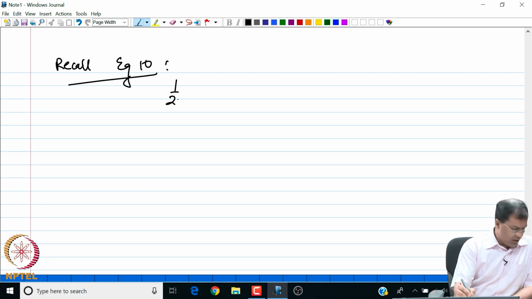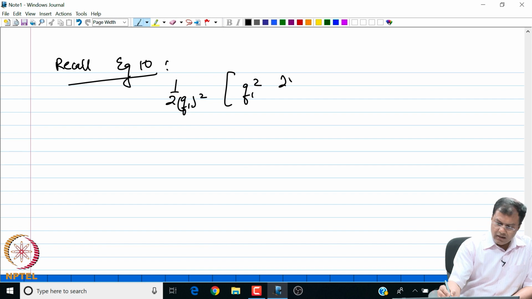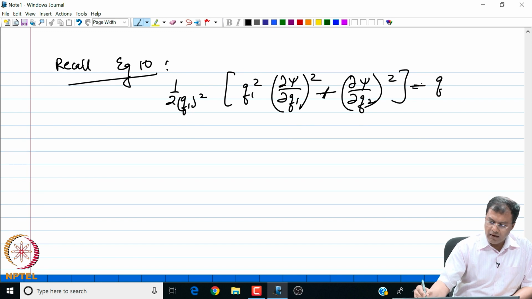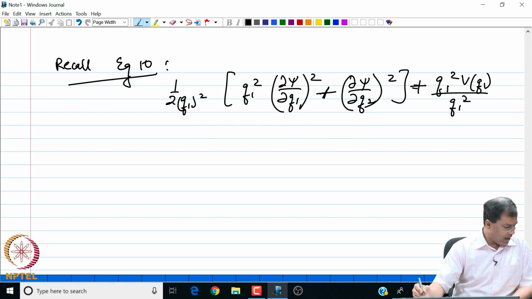See that my Hamiltonian leads to the following Hamilton-Jacobi equation, which is half times q1 square del psi del q1 whole square plus del psi del q2 whole square plus q1 square V of q1 by q1 square. So this is how I am writing the equation.